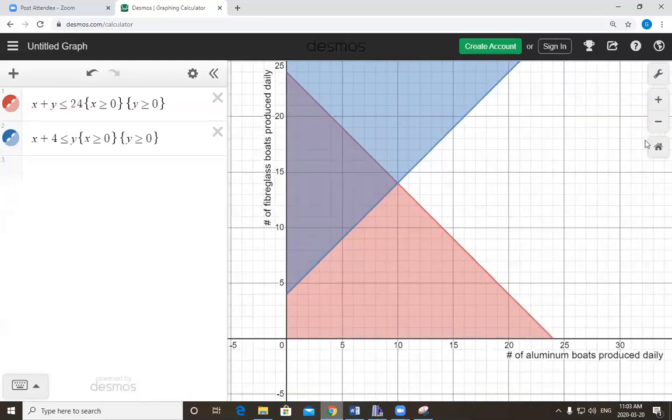Okay, so we now have our system of inequalities, and we are going to look for a solution region.